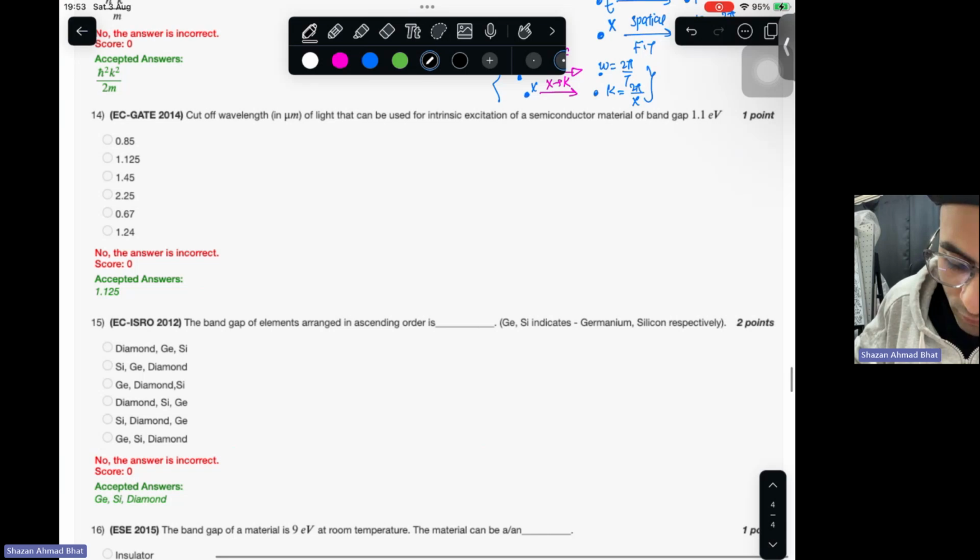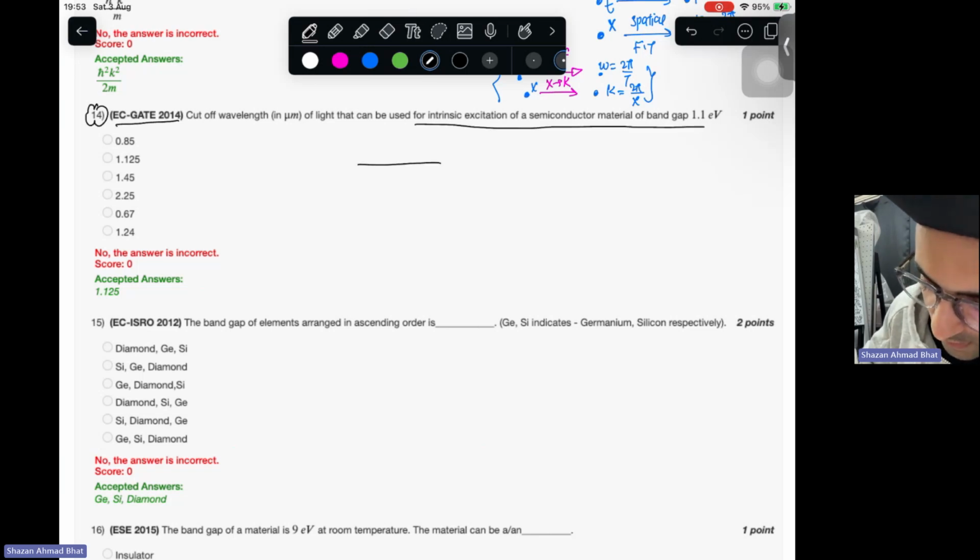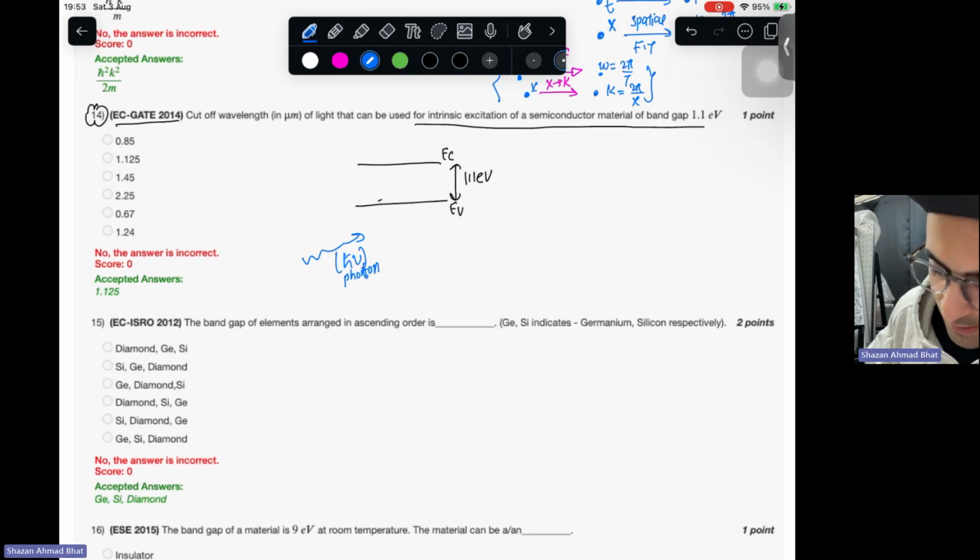Now the cutoff wavelength, question 14, was asked in EC Electronics and Communication GATE 2014. It says: the cutoff wavelength of light that can be used for intrinsic excitation of a semiconductor with a band gap of 1.1 electron volt. This is the conduction band, this is the valence band, and you are hitting it with a photon of energy h nu, wavelength lambda, and frequency nu.